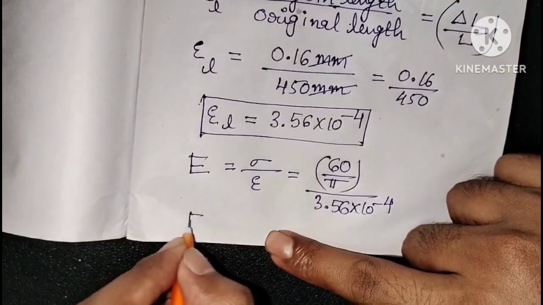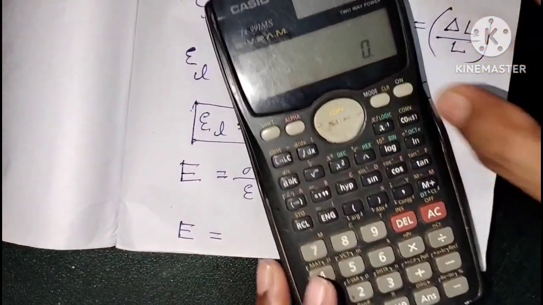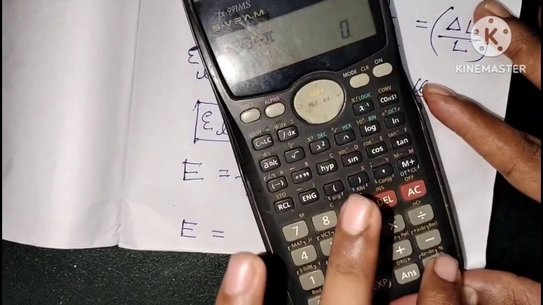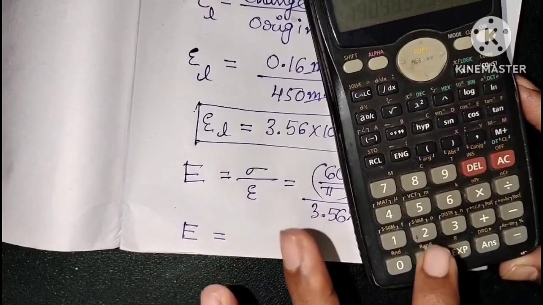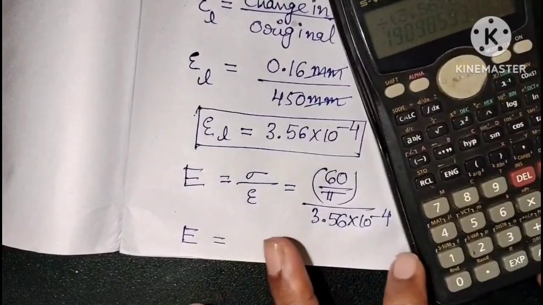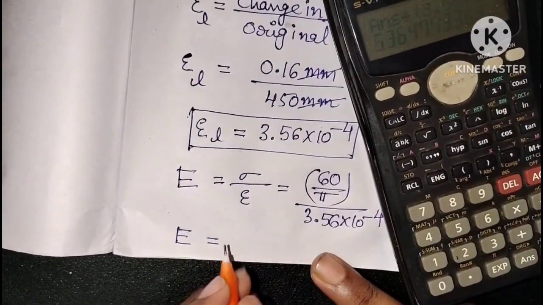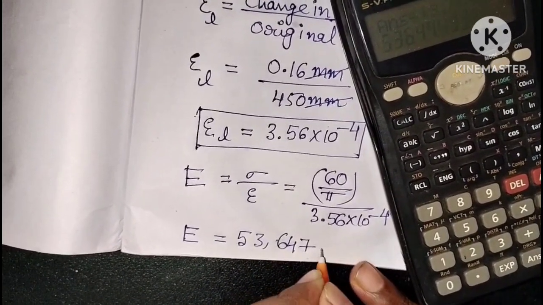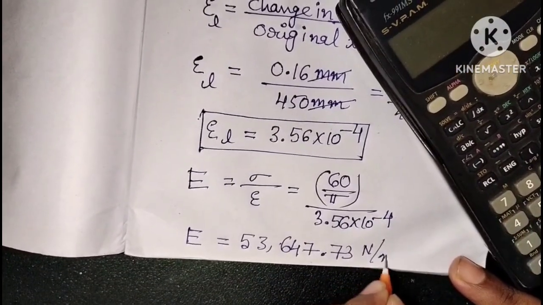Calculating 60 divided by pi, whole divided by 3.56 into 10 to the power of minus 4, we get 53647.73 Newton per mm square.